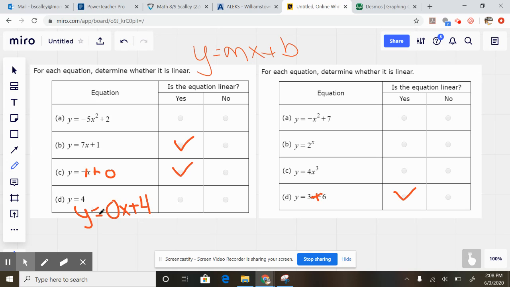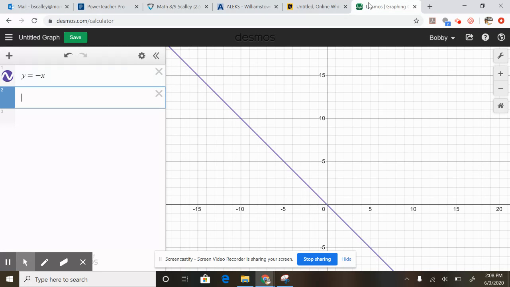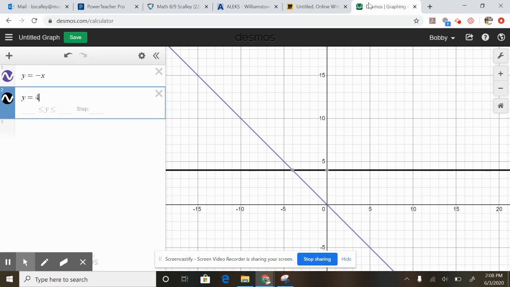These two equations are the same thing, y equals 4 and y equals 0x plus 4, because 0 times anything would just make this part go away. But when I write it like this in red, I see that my slope is 0, my y-intercept is 4. That's slope-intercept form. Y equals 4. It's going to be a horizontal line, straight line, linear like this.